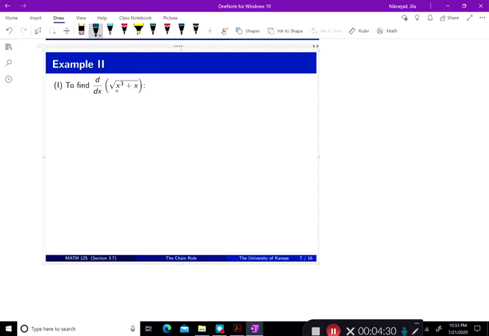In here I see that the square root is the outside function, square root of u is the outside function, and then I see u equal to x cubed plus x can make the inside function, right? And so g of x equal to x to the power 3 plus x is the inside function.